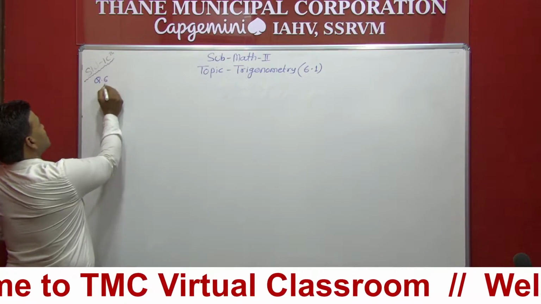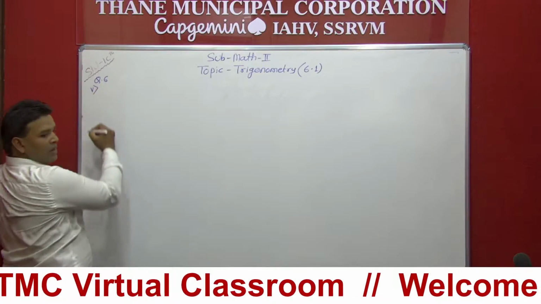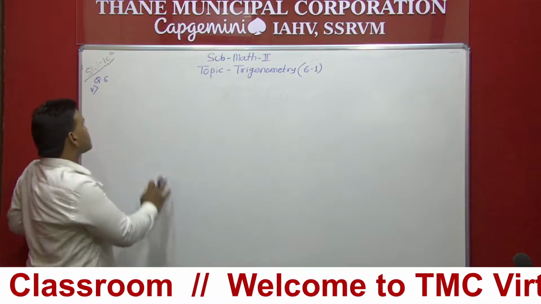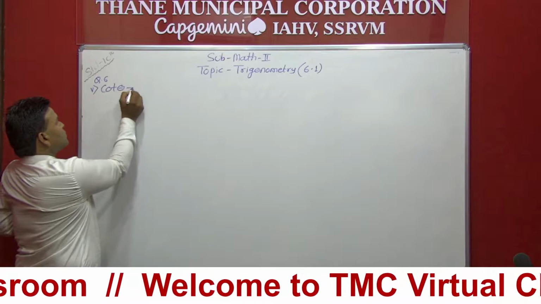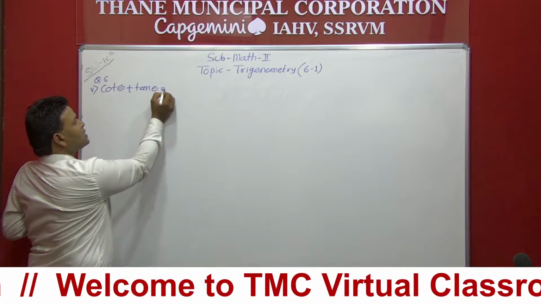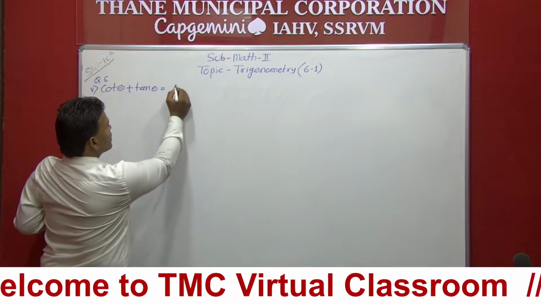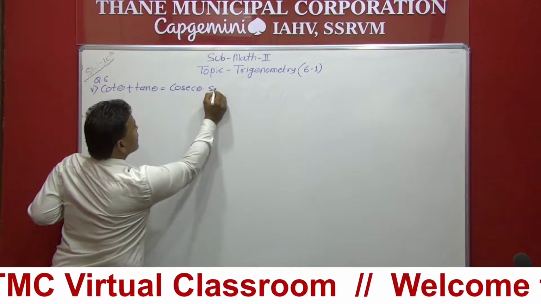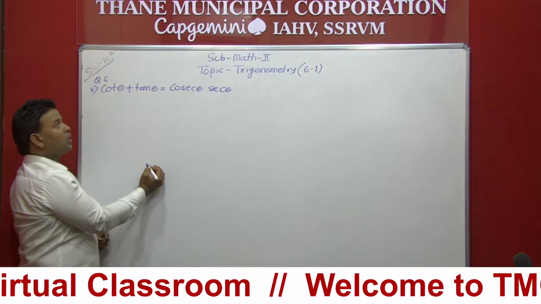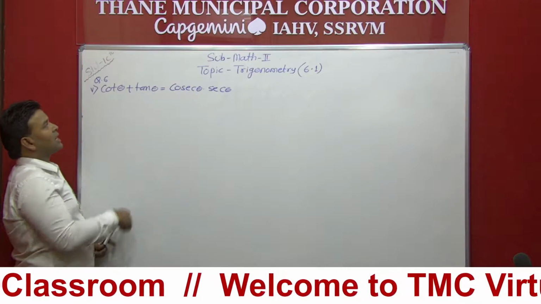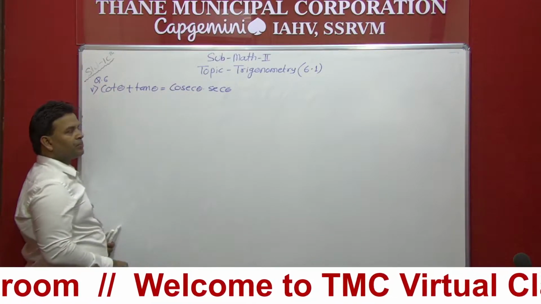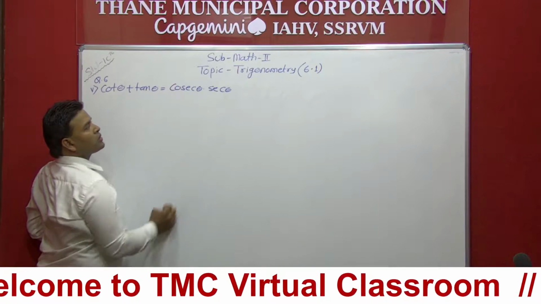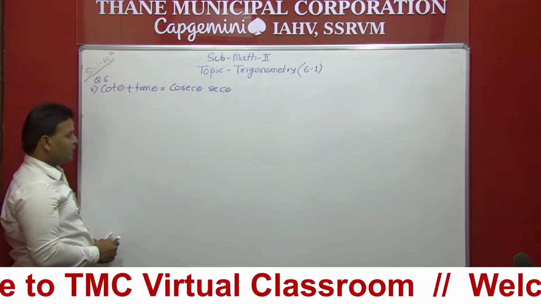Cot theta plus tan theta is equal to cosec theta into sec theta. Let us start with this question. Here, in this question, this is our left hand side and this is our right hand side. We will start from our left hand side and finally we have to prove that we are getting cosec theta into sec theta. Let us start the question.